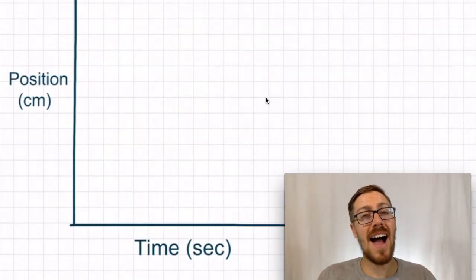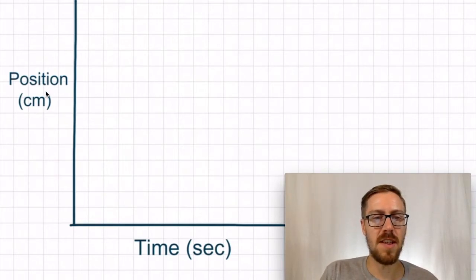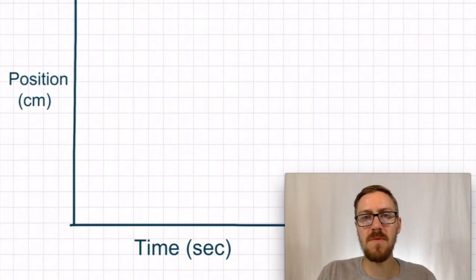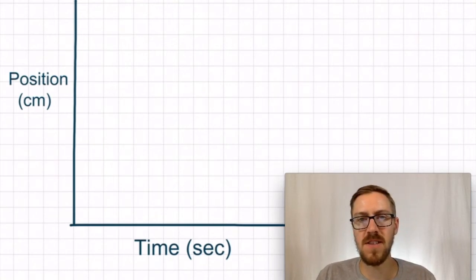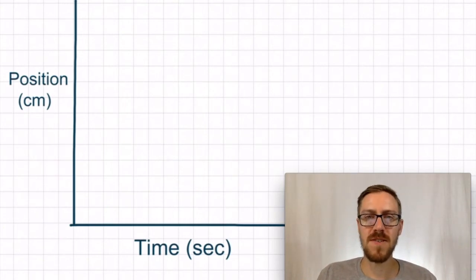So we've looked at the kind of data you would look at to make what's called a position versus time graph. And so I want to just summarize from those 4 examples what we should take away for this learning target, which is making and interpreting a position versus time graph.